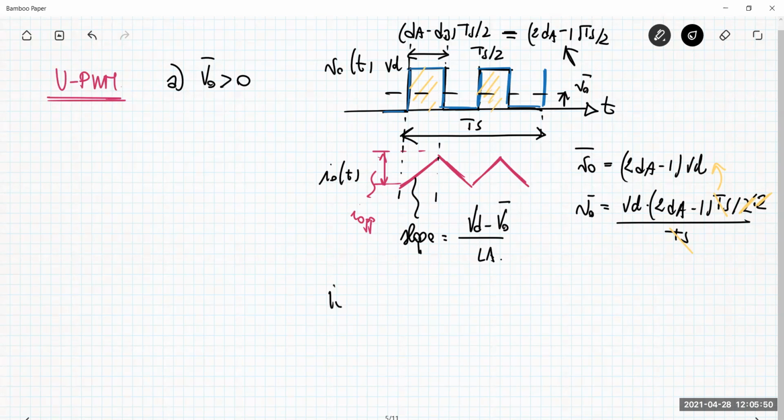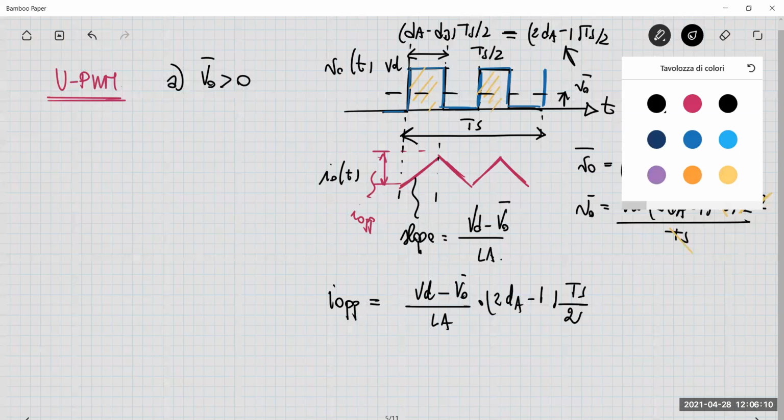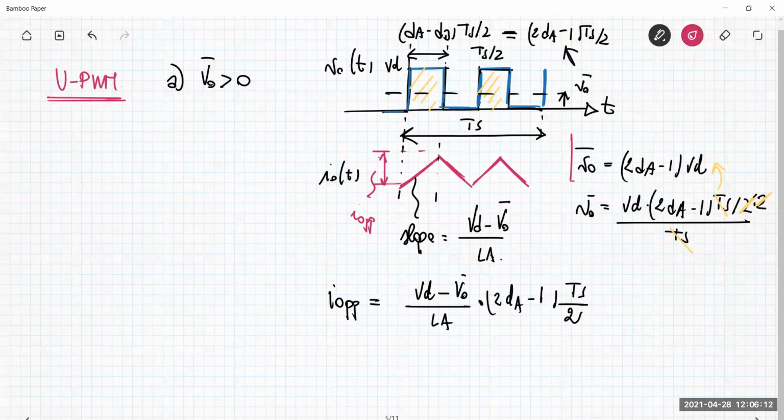So I naught peak to peak is Vd minus V naught over La multiplied by 2 da minus 1 Ts over 2. Remember that we have this output voltage average value, so we can use this value here.